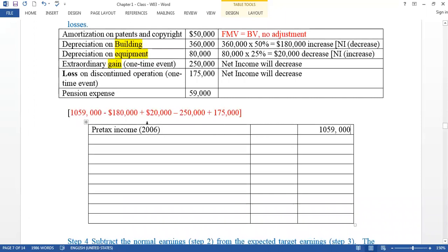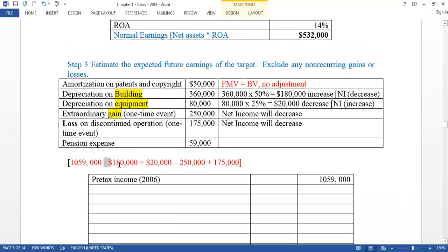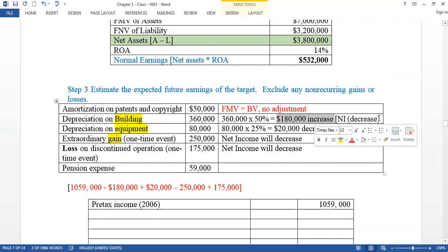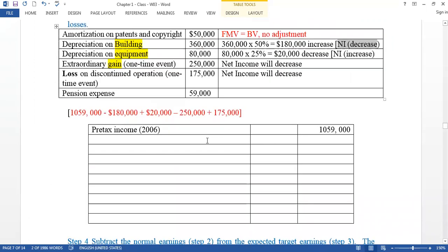Now you can see that this one minus $180,000. Why minus? Because in future, the depreciation expense on building will increase. If depreciation expense of building increases in future years, then our net income is going to decrease, right?